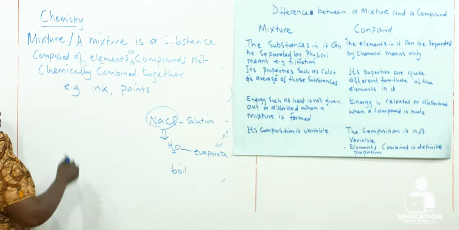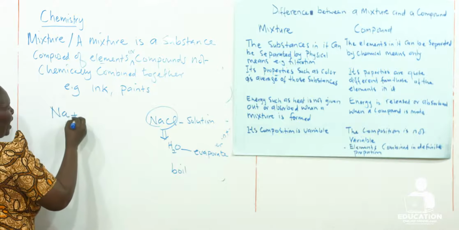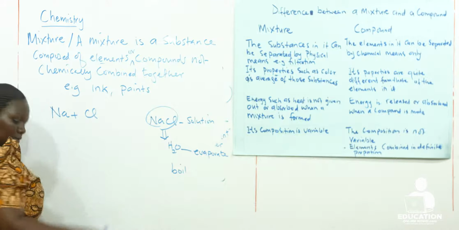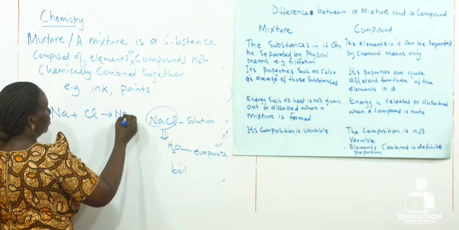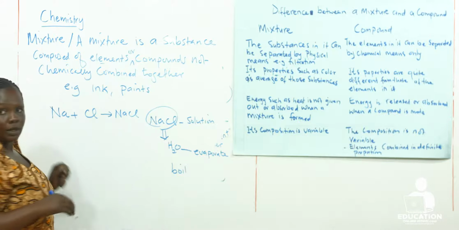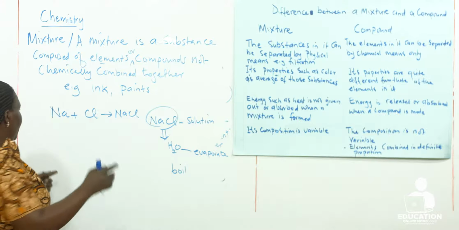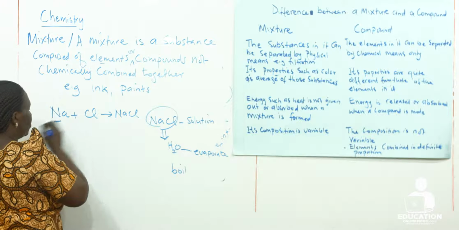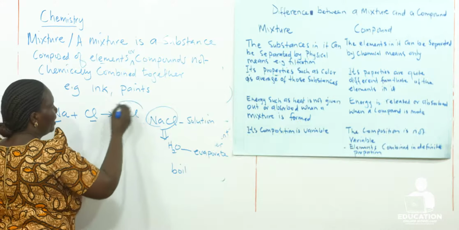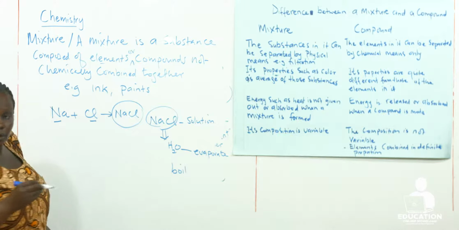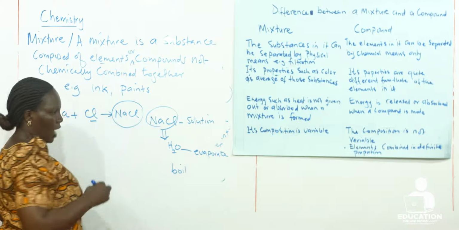For example, when we start with sodium and add chlorine, what we get is sodium chloride. In the beginning, we start with two different elements, sodium metal and chlorine, and then we combine them to give us a new substance, the compound sodium chloride.